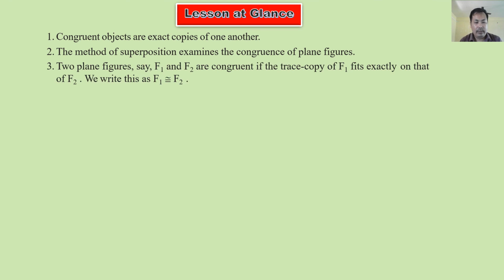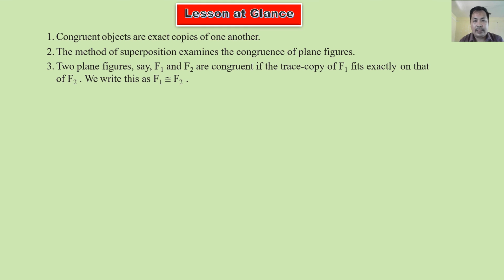Superposition is when you keep something upon the other, then we can find out whether the size or the figure is exactly the same as one another, isn't it? Third, two plane figures, say F1 and F2, are congruent if the trace copy of F1 fits exactly on the trace copy of F2, and we write this as F1 is congruent to F2.